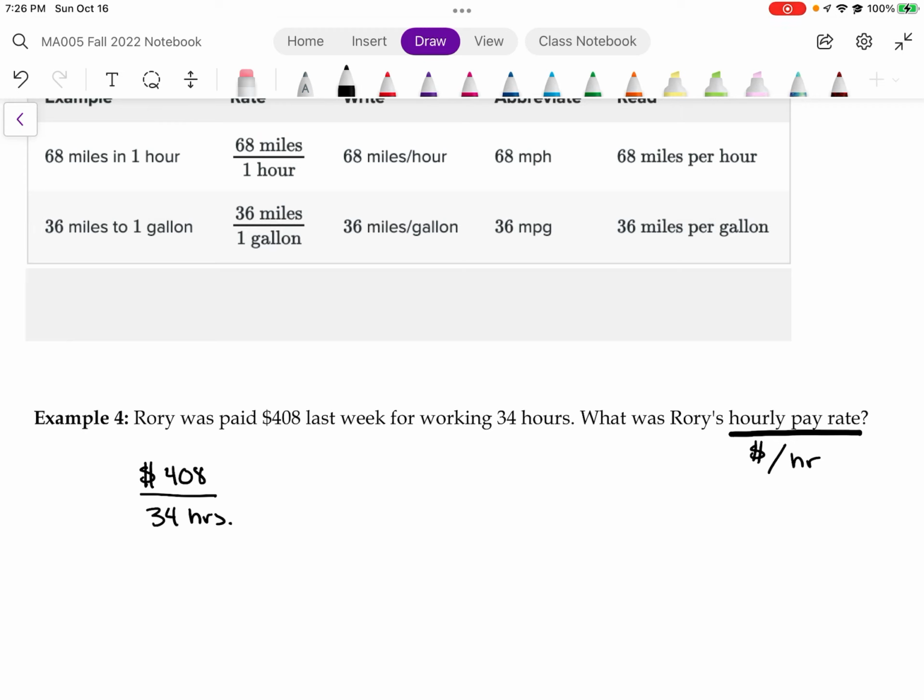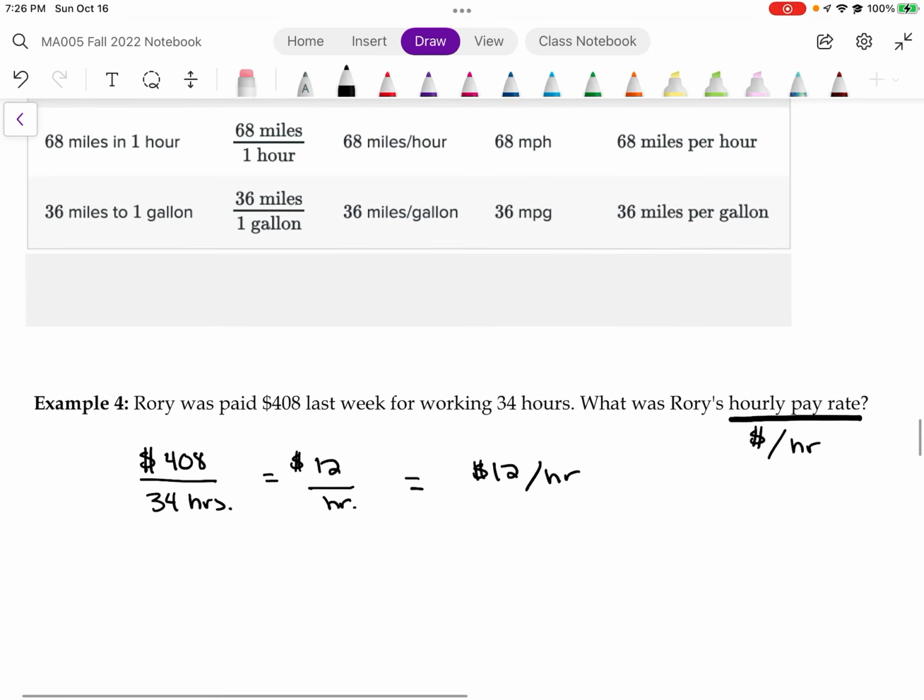Okay, so when you put that in your calculator, you will find 408 divided by 34 is 12. The top unit is dollars and the bottom unit is hour. You can also say $12 per hour, like that, or you can say the word per. Okay, so $12 per hour. That is the hourly pay rate. So the word rate means per something.